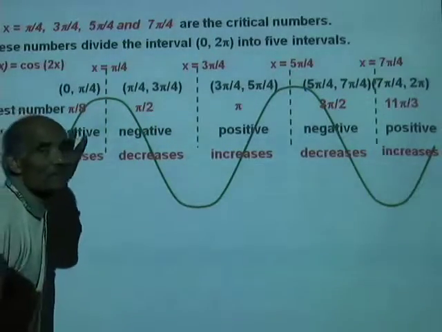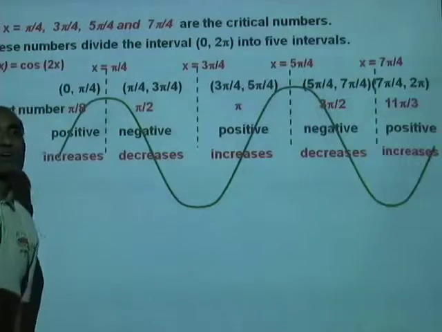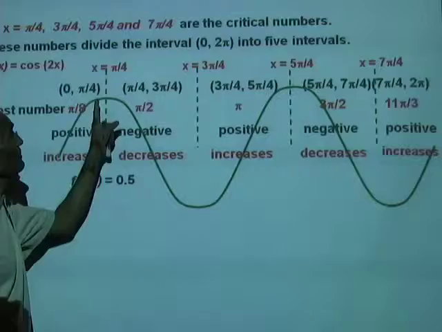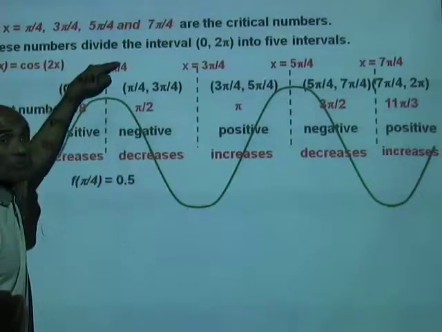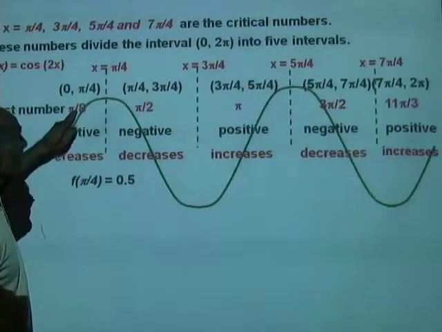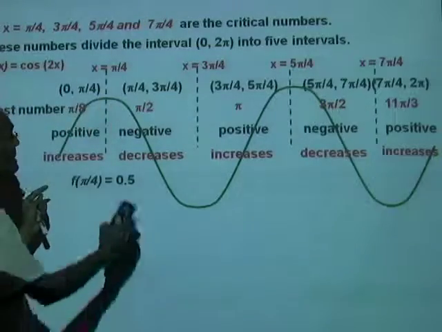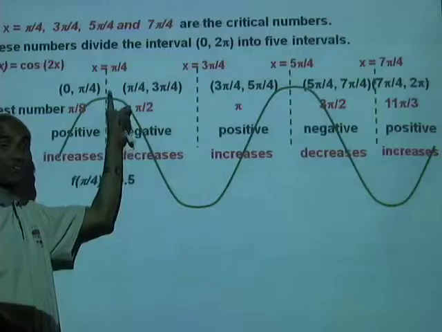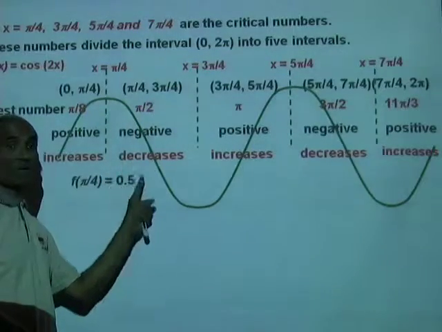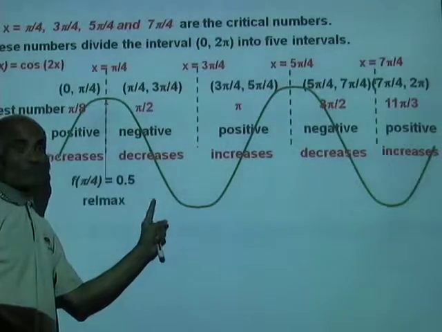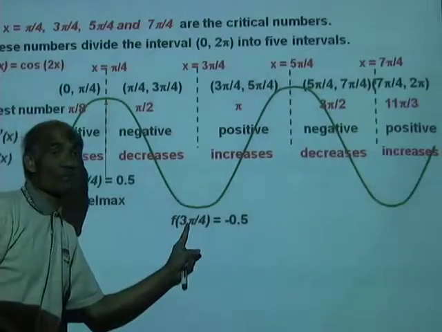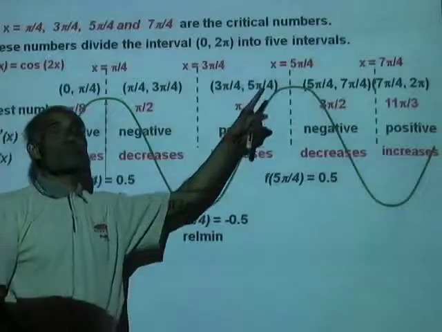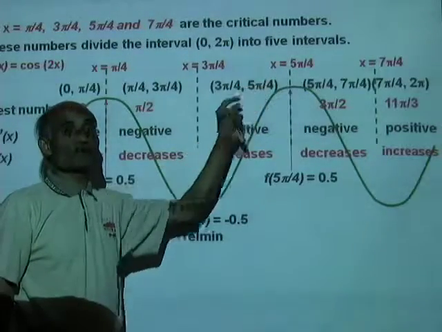Isn't that beautiful? It really gives you a complete picture of what the function graph is all about. Now, x equal to pi by 4 is a relative maximum, is that right? On the left the function increases, on the right it decreases. Relative maximum. You have a relative minimum, a relative maximum, is that right?